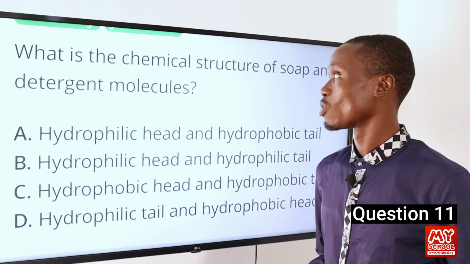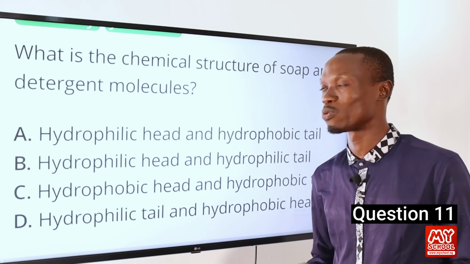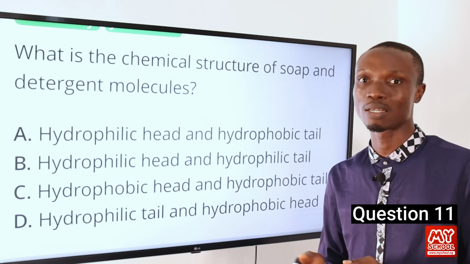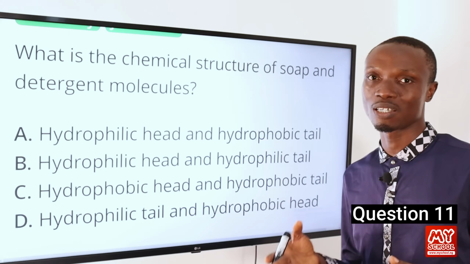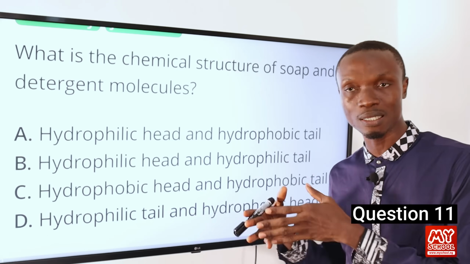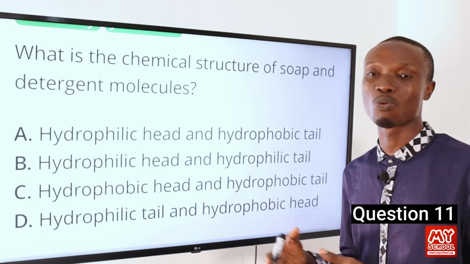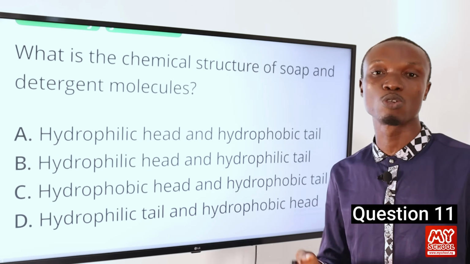Question 11. What is the chemical structure of soap and detergent molecules? Soap and detergent have a head and a tail, chemically. The head is referred to as the hydrophilic head, while the tail is referred to as the hydrophobic tail. When we say hydrophilic, philic means love, and hydro refers to water.